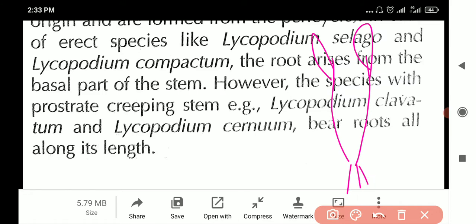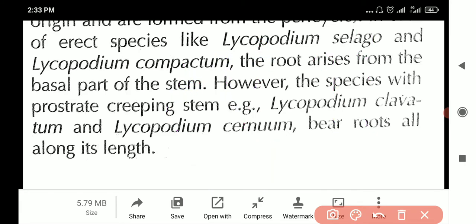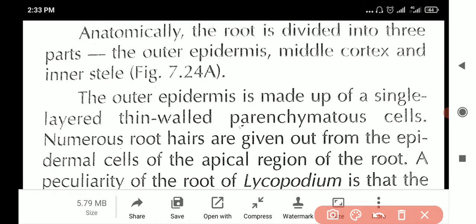This was for the erect, and then for the creeping one, the cernum, the roots came here, here, there. These are the strobili. I'm just drawing roughly. So according to whether it's erect or prostrate, that's how the root will appear. If it's creeping, it will come all along, and if it's an erect one, it will come from the base.